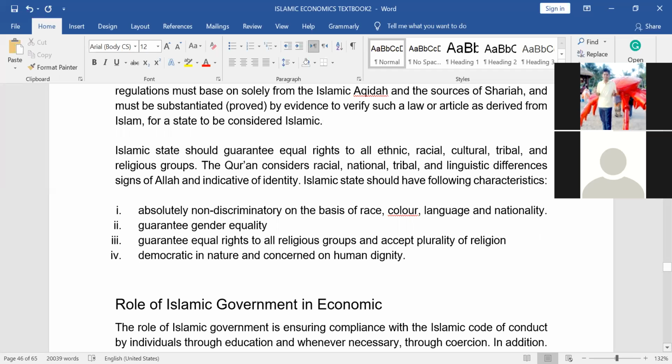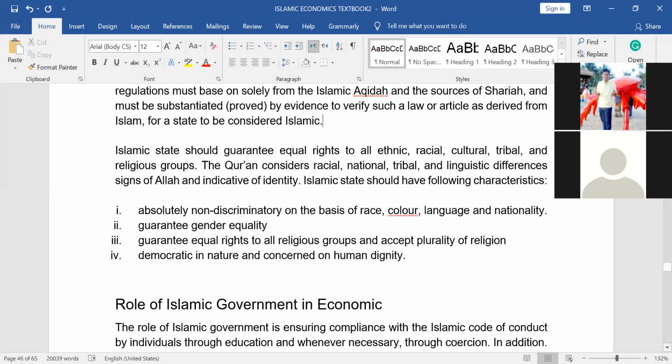So kerajaan Islam tidak boleh mengamalkan diskriminasi berasaskan bangsa, warna kulit, bahasa, ataupun kewarganegaraan. Number two, Islamic State should guarantee gender equality. Tidak boleh ada diskriminasi jantina.